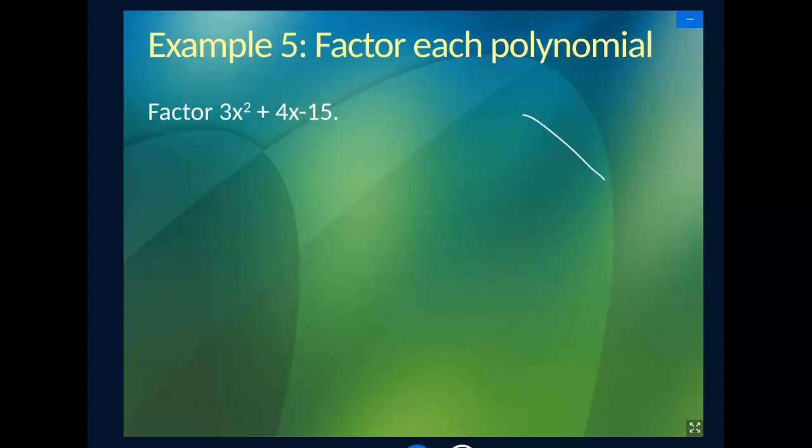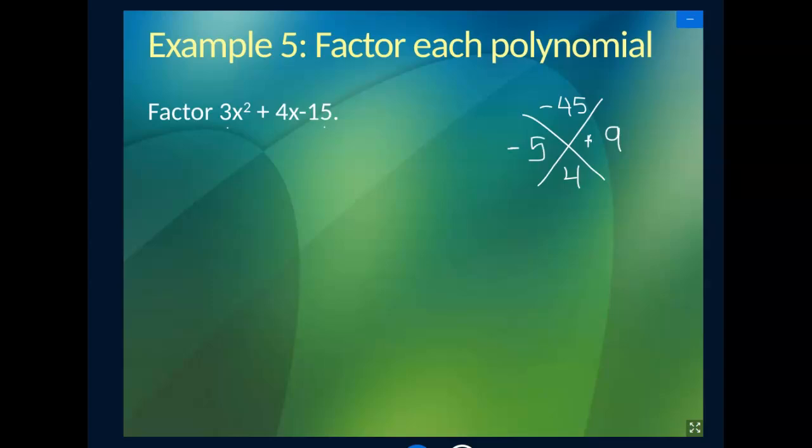So we're still going to use that magic little x, but now it's not just the 15, it's the 3 times 15. So you get a negative 45. Middle number is still the bottom. Since the top is negative, I have one negative and one positive. So two numbers that multiply to negative 45, but add to 4, right? Perfect.